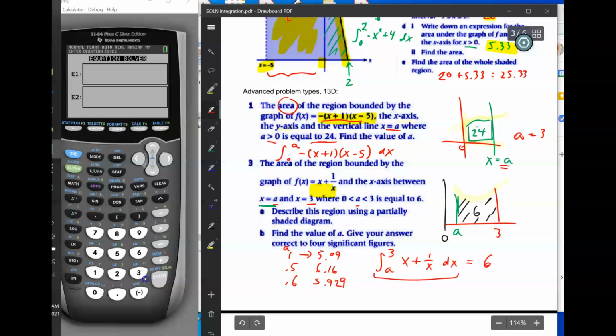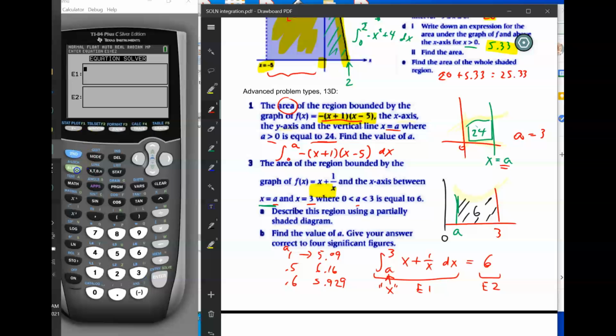The expression for the area is this integral, and the thing that we don't know is a. So what we're going to type into the calculator is exactly this for E1, except for a, we're going to substitute x. And for E2, we're just going to type in 6. Okay, so let's do that.